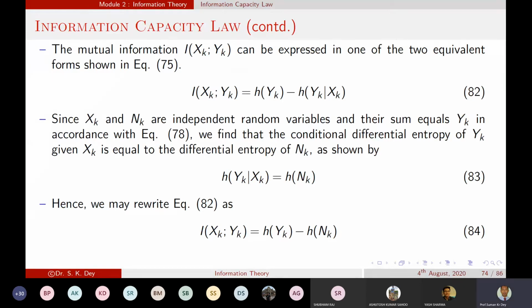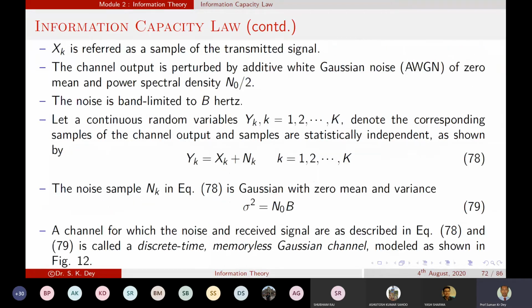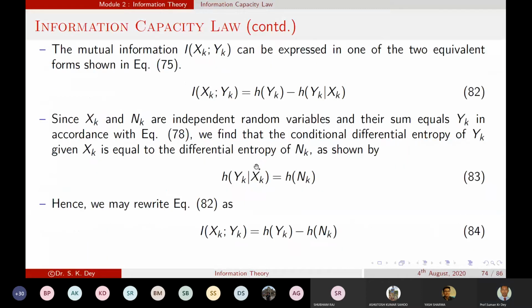So using equation 78, we can find out the conditional differential entropy of yk. Using this equation, we can find that the conditional differential entropy of yk given xk is equal to the differential entropy of nk.